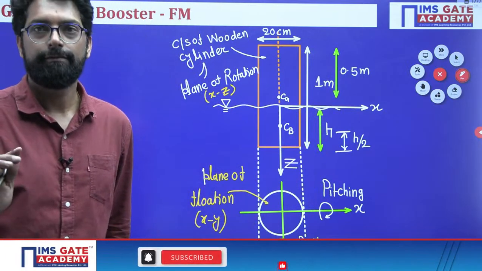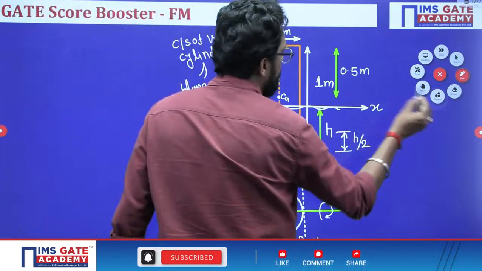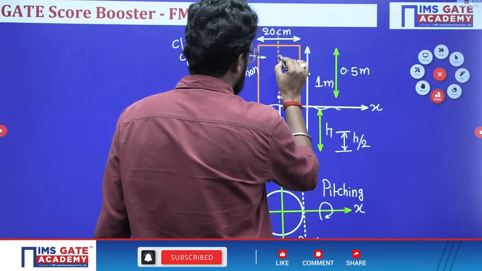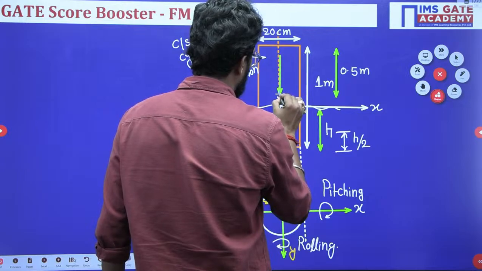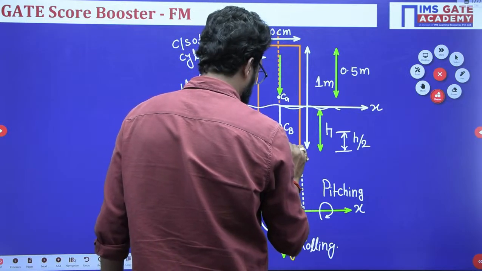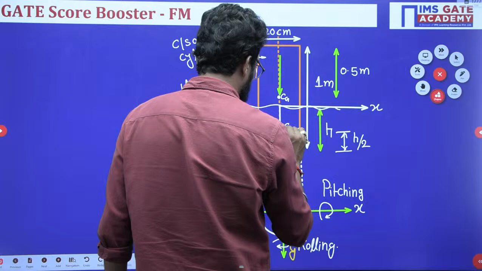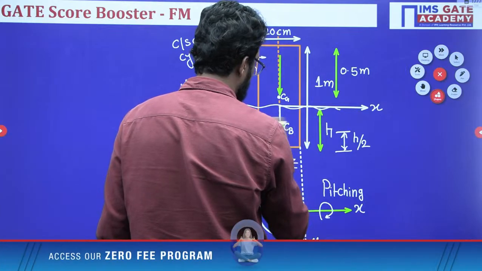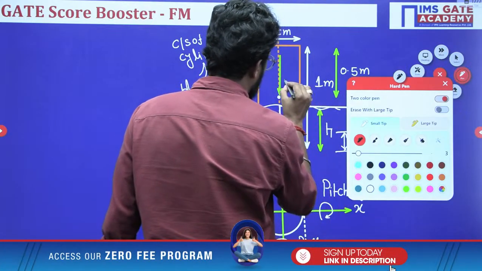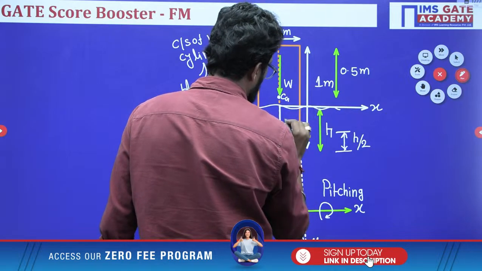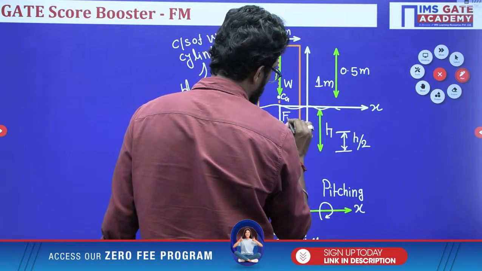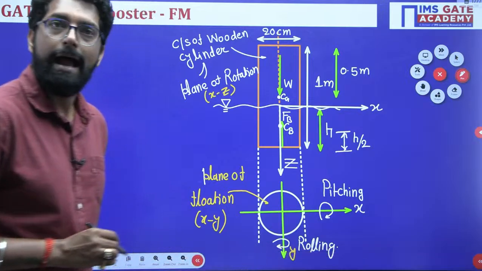This is the CG, and from the CG there is the weight. Through the center of buoyancy CB acts FB. So this is the weight of the body and this is your buoyancy force.